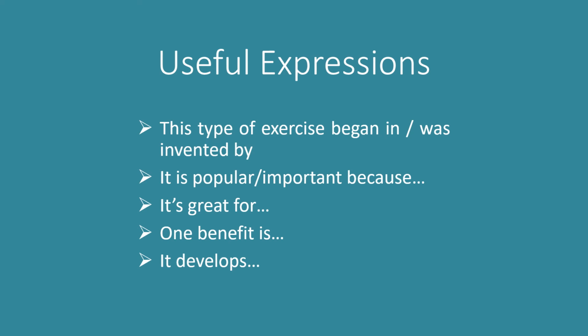So, the first one is: this type of exercise began in, or was invented by, and so on. It is popular, or it is important because, and it's great for so and so. And one benefit is blah, blah, blah, and it develops and so on.